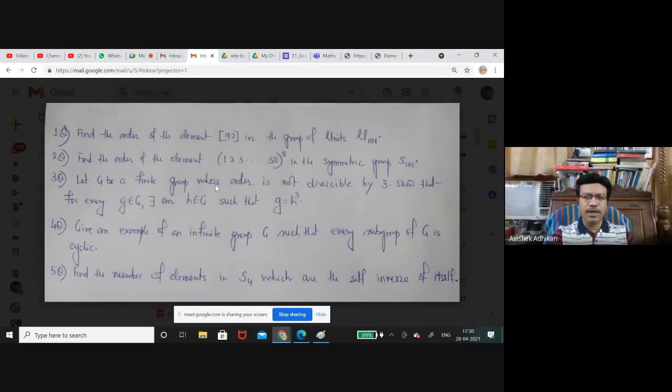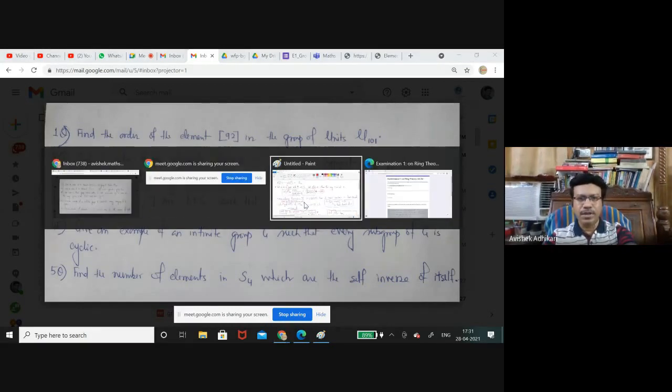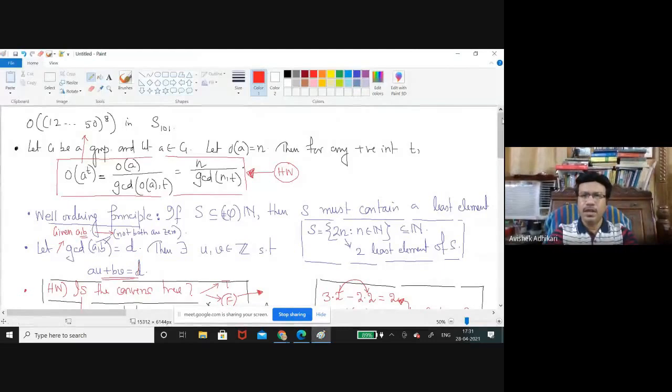Let G be a finite group whose order is not divisible by 3. Show that for every g belongs to G, there exists an element h belongs to G such that g equals h cubed. Many of you have already done this problem.